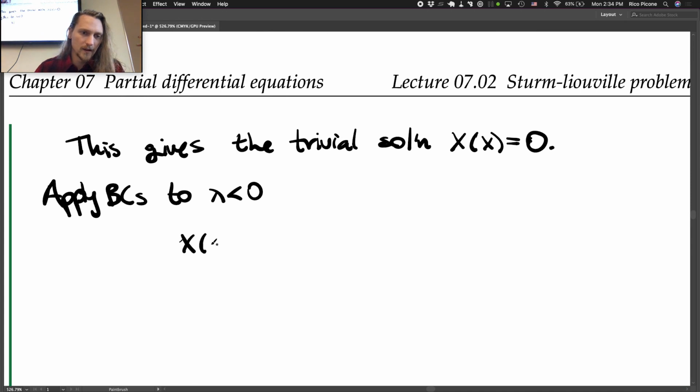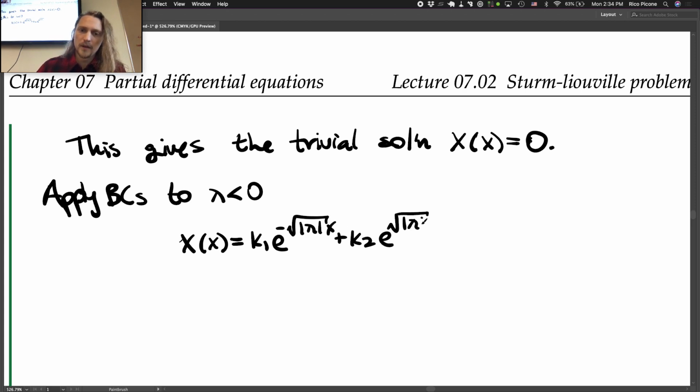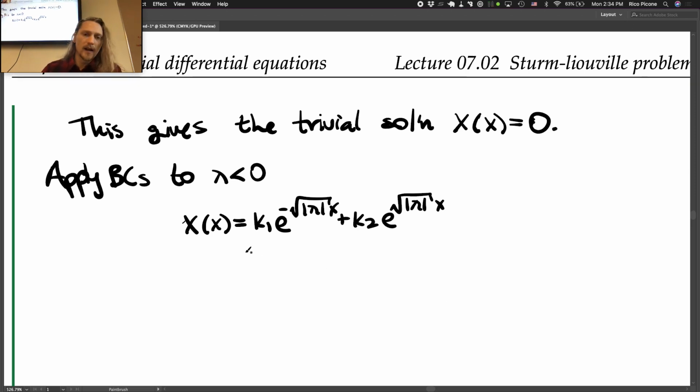So what we can write is our solution is X of x equals k1 e to the negative square root of the absolute value of lambda x plus k2 e to the square root of the absolute value of lambda x. So that's our solution in this case. You may or may not recognize this identity, but you can use the hyperbolic trigonometric functions here to rewrite this.